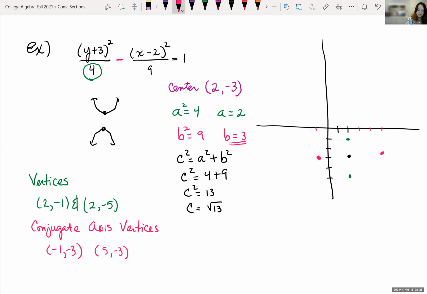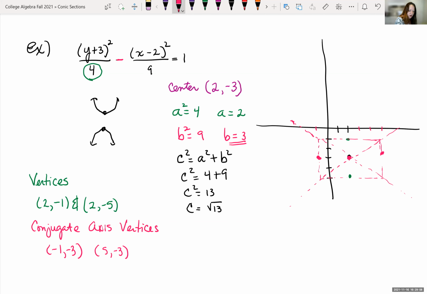So if I make my box, same height and width, and I go through the corners of my box and the center, that's going to tell me how wide this hyperbola is looking.